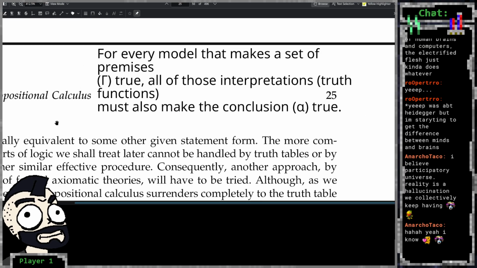There we go. That is our definition so far.